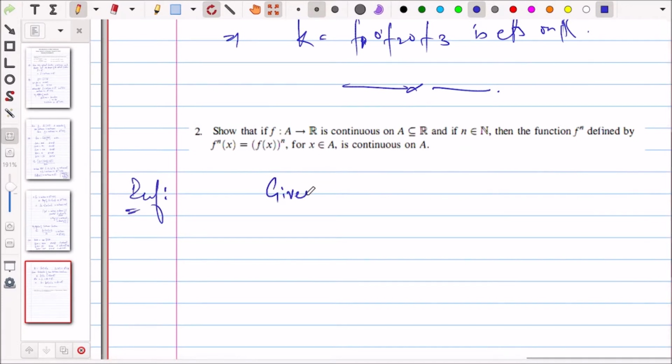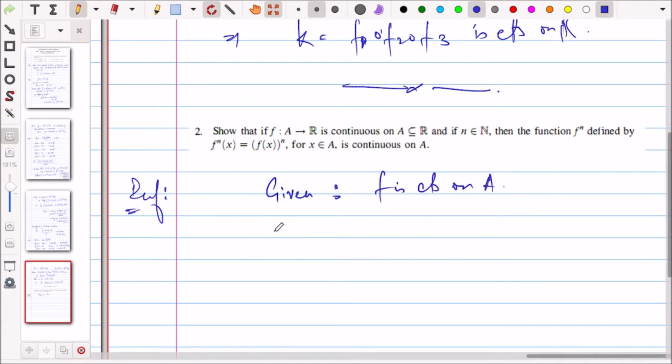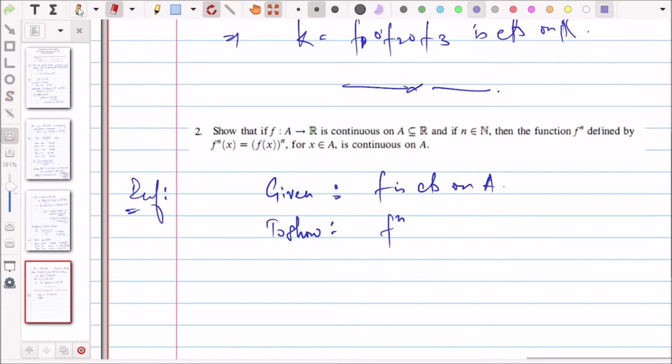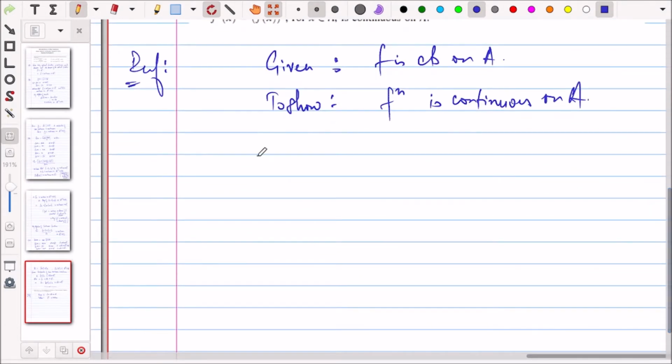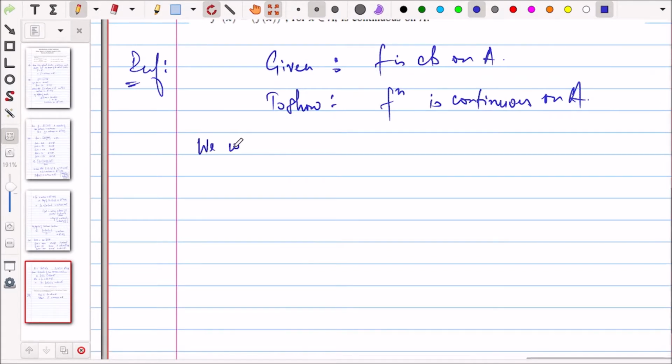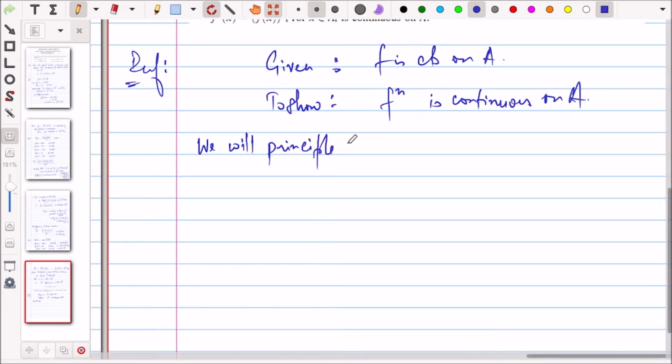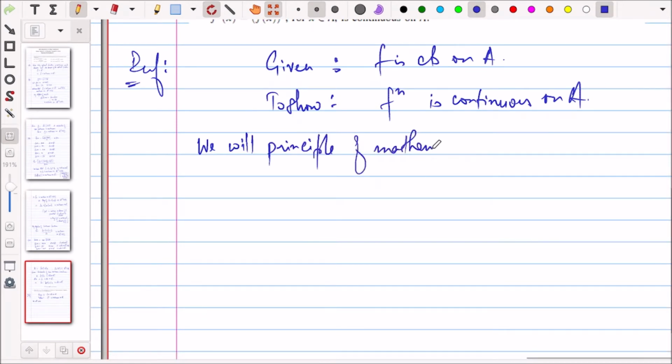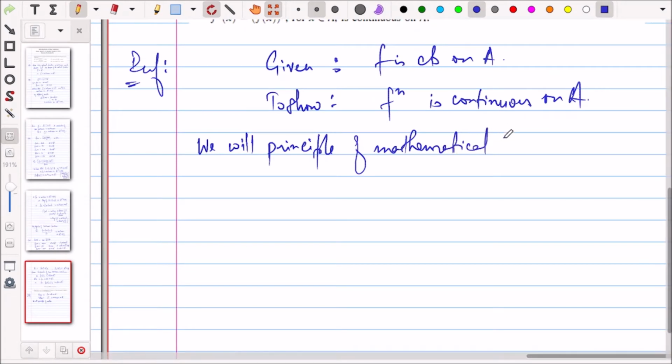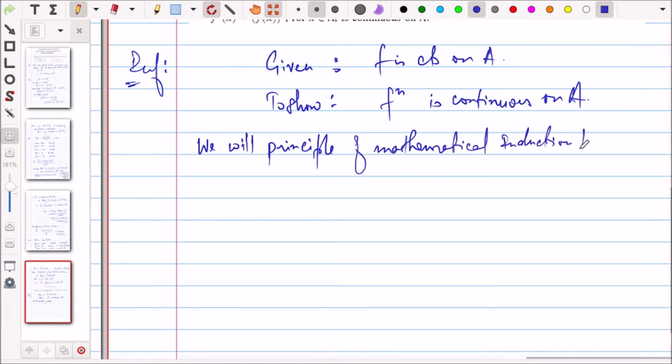So we are given f is continuous on A. To show fn is continuous on A, we will use the principle of mathematical induction to prove this result.